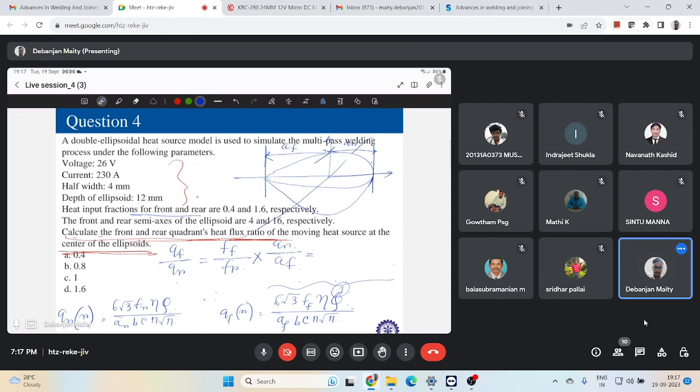Ah, sorry. So this is 0.4 by 1.6 into, so the rear semi-axis is 16, AR, 16 by 4.